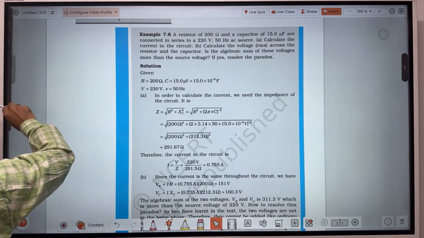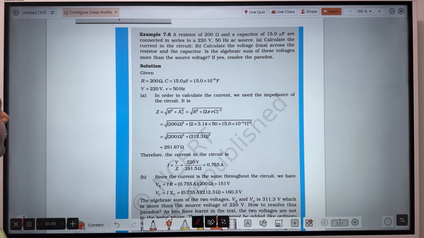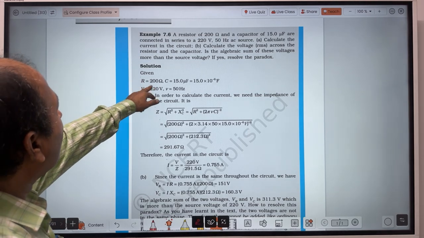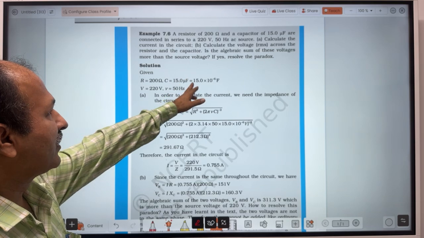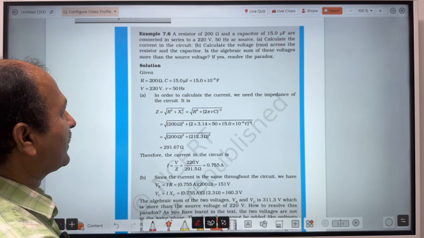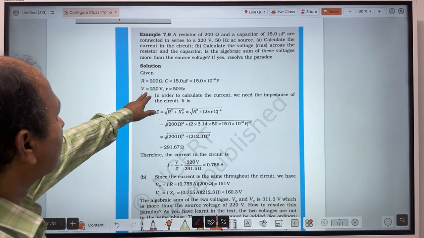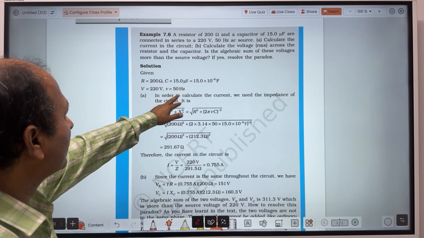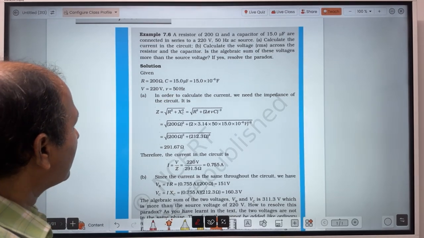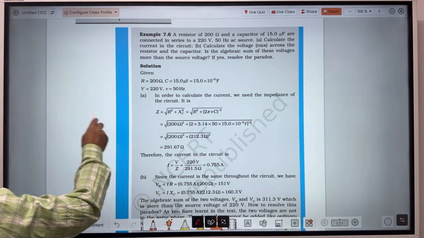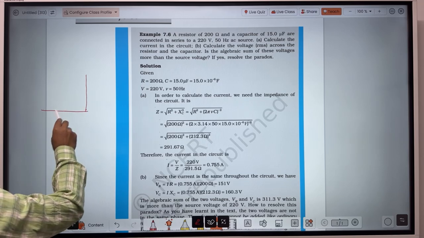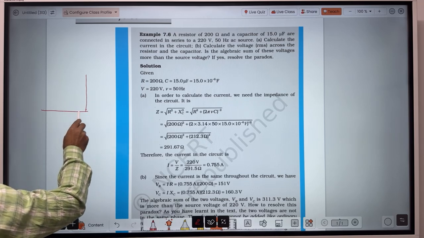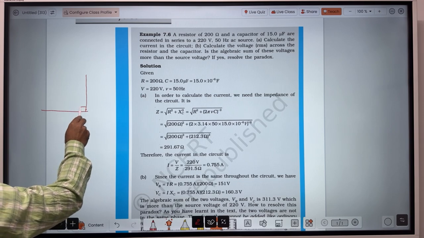Here, what is needed is the value of R equal to 200 ohm given, C equal to 15 microfarad, which can be written as 15.0 into 10 power minus 6 farad. Voltage is given as 220 volt and frequency is given as 50 hertz. So if you remember, voltage across the capacitor will be perpendicular to the voltage across the resistor.